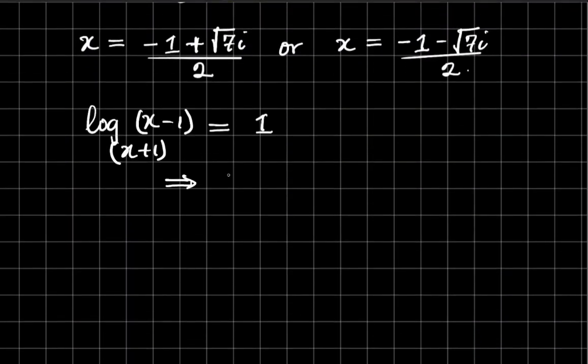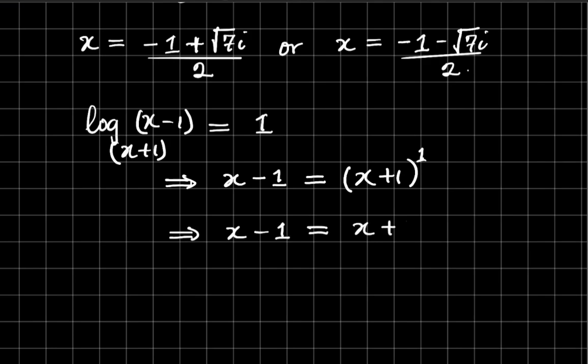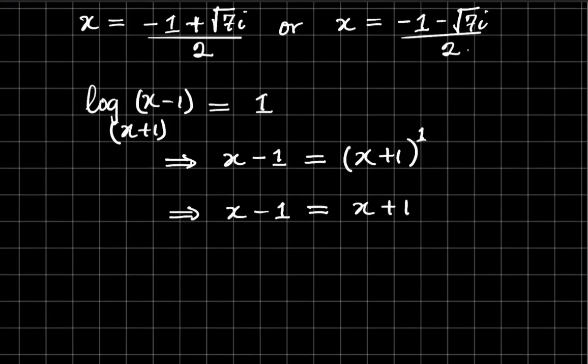Therefore it implies that x minus 1, we transform it to the initial equation, that will be x plus 1 exponential 1. So here we're going to have x minus 1 is equal to x plus 1. Anything exponential 1 still remains itself.